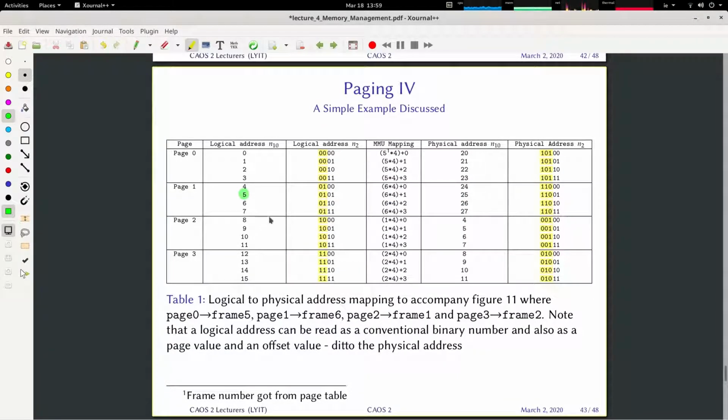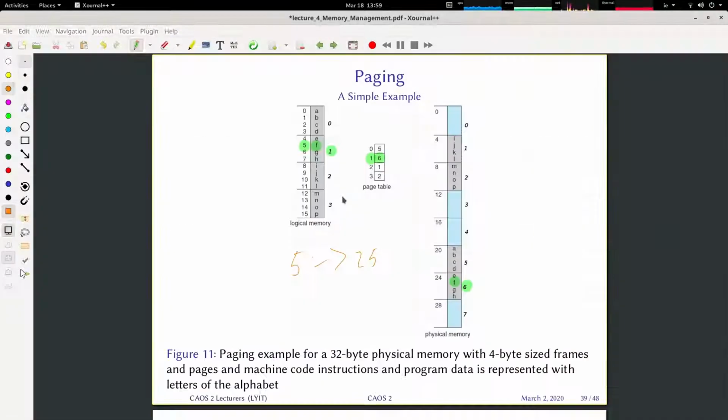So I'll tab back to my table. There's our logical address 5. When we write that out as a binary number, it is 0101. That can be read as the binary integer for 5, but also, simultaneously, by splitting it into two components, as page 1 offset 1. So what we then do is go back to the page table and ask where page 1 is stored.